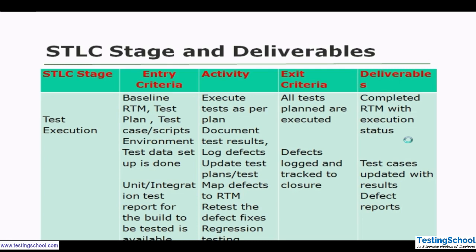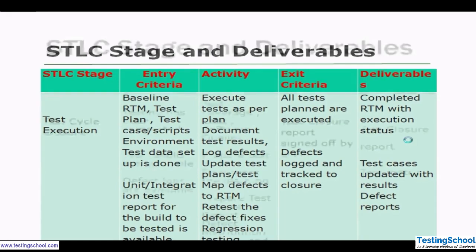If we have executed a particular test case and it failed, then we also have the report for the defect. So the deliverable is the updated test cases and the report for the defects. Apart from that, the RTM, that is the requirement traceability matrix.